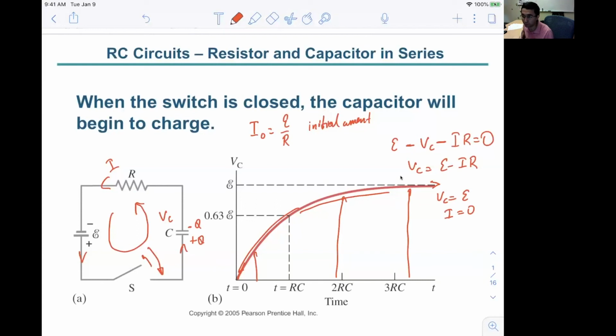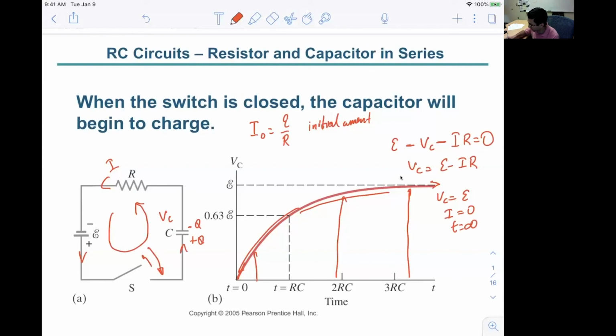There's no charge movement anymore. So that's the time close to infinity. After a long time, the capacitor is filled, and at that point the current is zero.